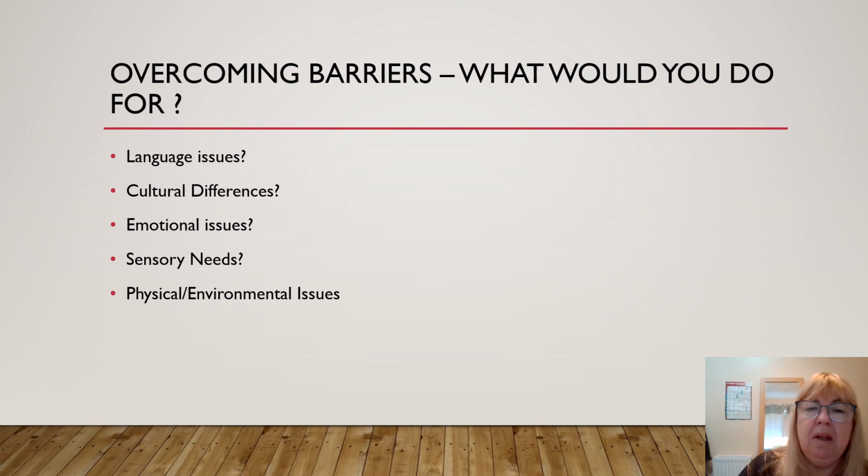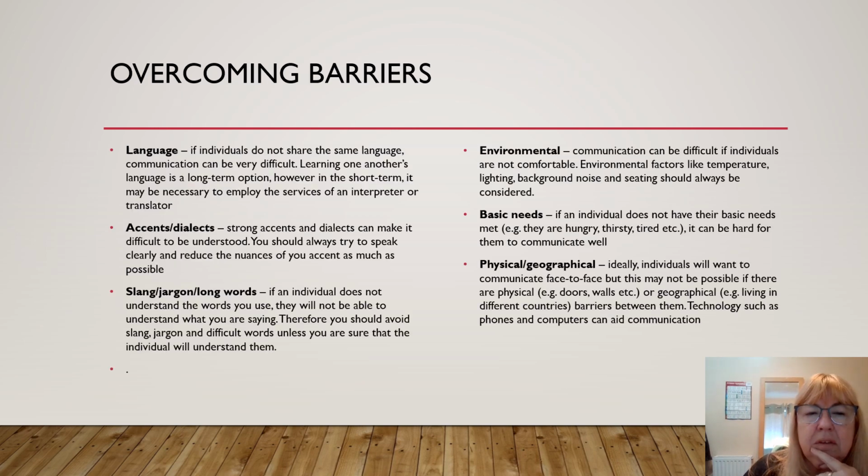If you were talking maybe on a one-to-one with a service user, what would you do about language barriers? What would you do about cultural differences? Let's see what ideas you can come up with before I go on to discuss it. So take a moment. And then you can click on to the next slide.